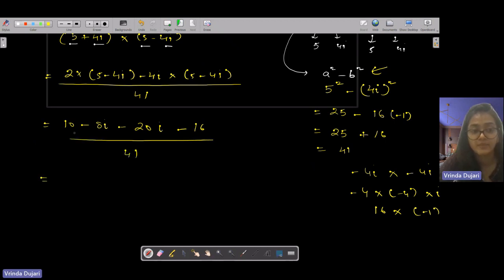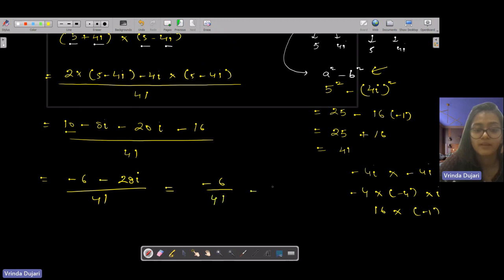So now let's collect the like terms together. 10 minus 16, you get -6, and -8i minus 20i, you get -28i, over 41. And we distribute 41. So we get -6 over 41 minus 28 over 41 i.